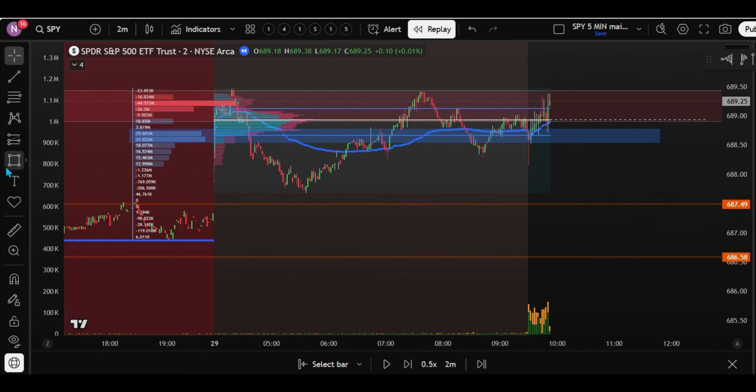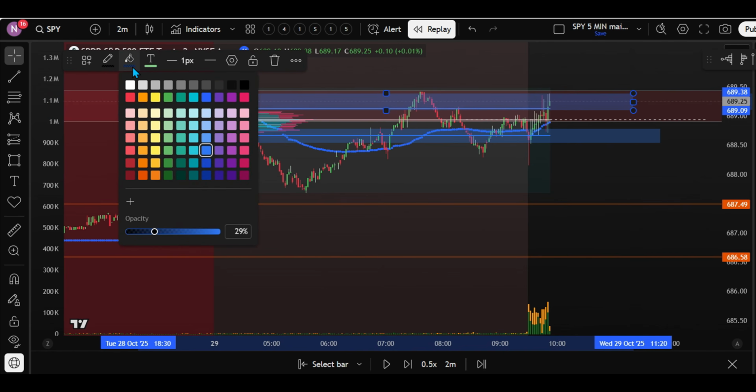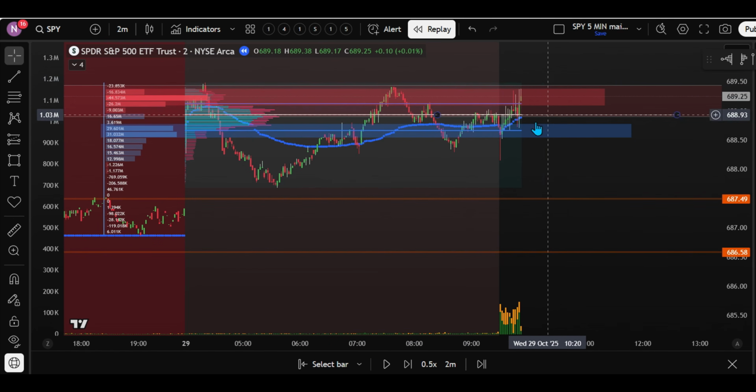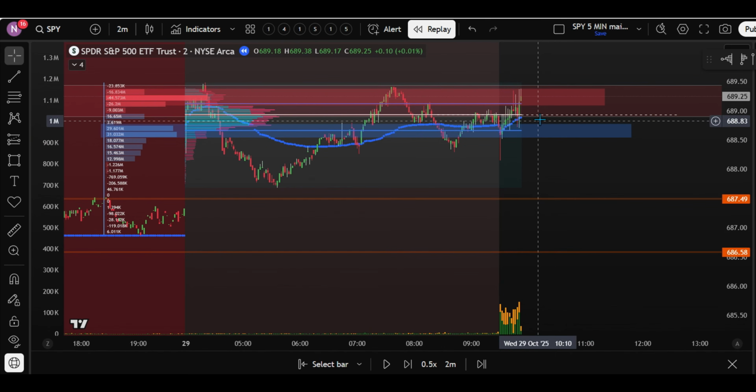And then above the point of control, we have this area of selling pressure. So we can probably say if price drifts up here, it's going to come back down. As long as these bars remain blue, that price level is going to act as support, and it might just bounce around there.